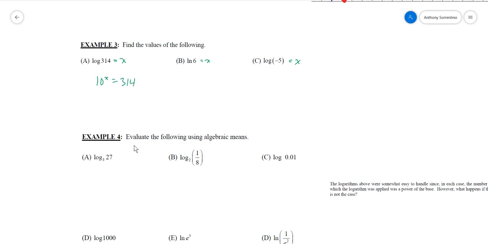Well, you're not going to know that off the top of your head, because 314 is not an integer power of 10.